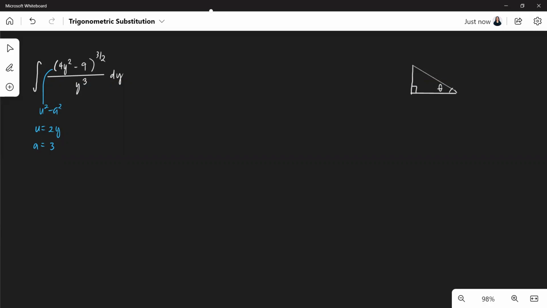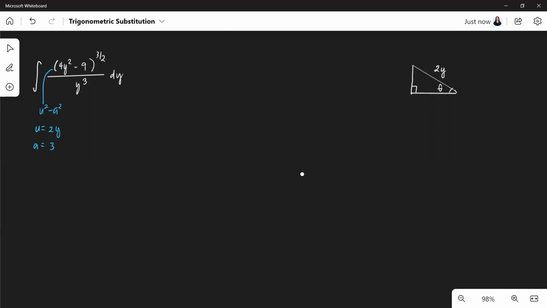Since the u is the minuend, before the subtraction sign, it is the square of the hypotenuse. 4y squared is the square of the hypotenuse, so 2y is the hypotenuse. For the adjacent side, we use the adjacent side instead of the opposite side so that we won't be dealing with cosecant.